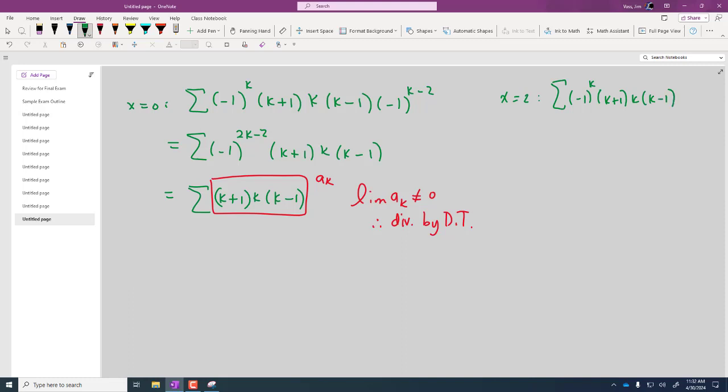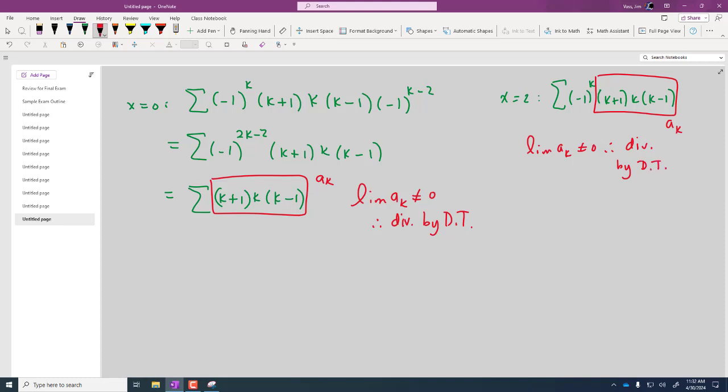What kind of series is that? Alternating. But the important piece for this alternating series is a sub k. For an alternating series, a sub k is everything but the switch, which is the same as down here. So we can say the limit of a sub k is not equal to 0, therefore it diverges by the divergence test.